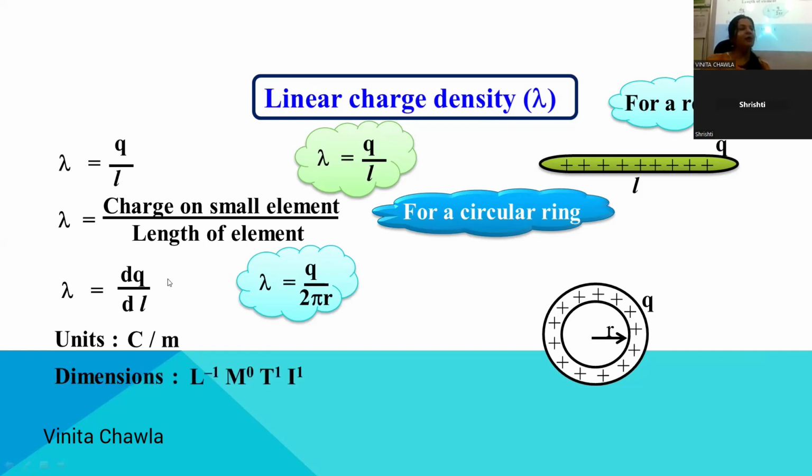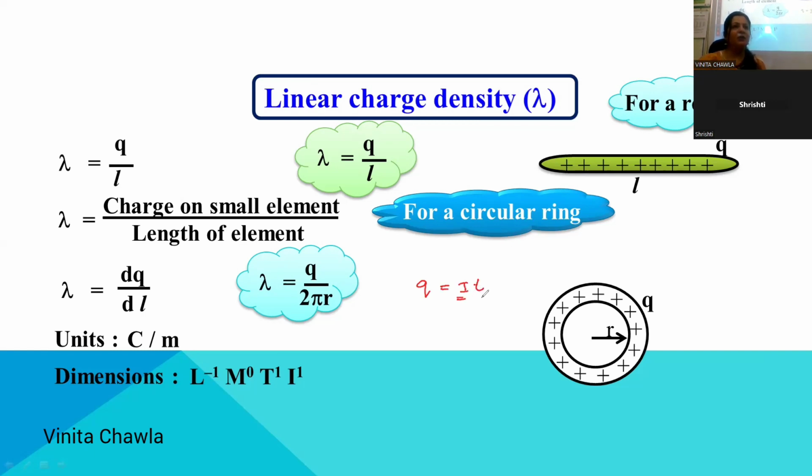And you can also find the dimensions of the linear charge density. How will you find the dimensions of the linear charge density? You know current is charge upon time, so charge is current into time.